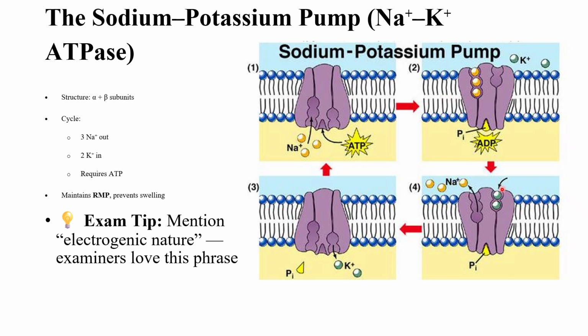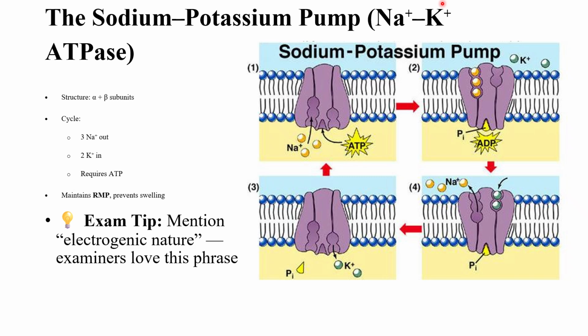When the phosphate group is released, the gate swings back towards the cytosol, returning the protein to its original shape and releasing the potassium inside. So the steps are: ATP hydrolysis, conformational shape change, release of sodium, binding of potassium, release of phosphate, it changes back, and potassium is released intracellularly.